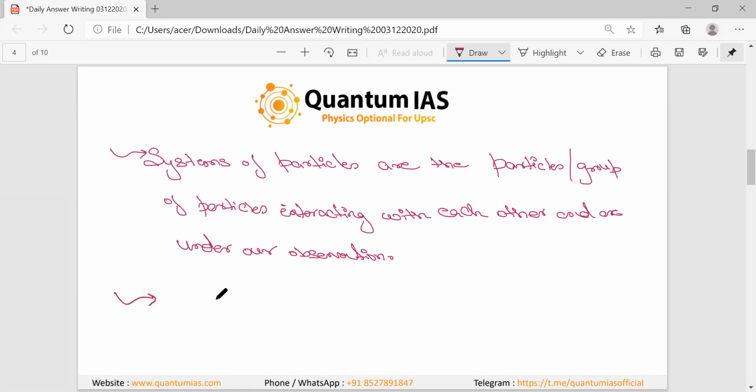Then you should define what you mean by the center of mass. I'm using the abbreviation, you should use the full one, right?